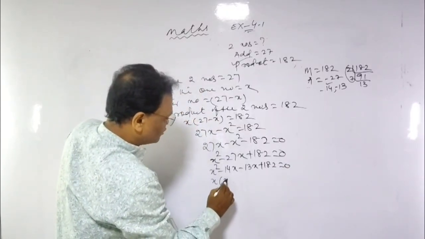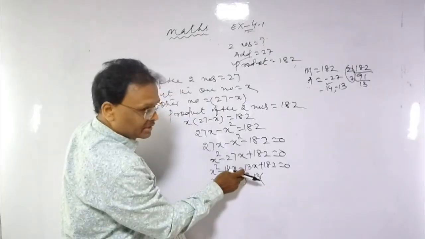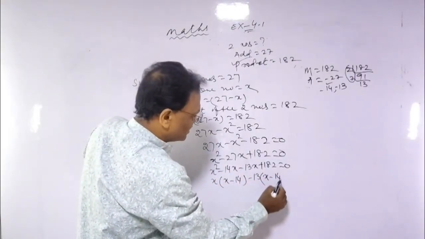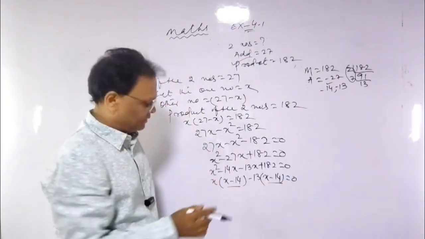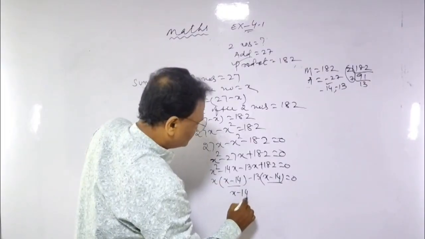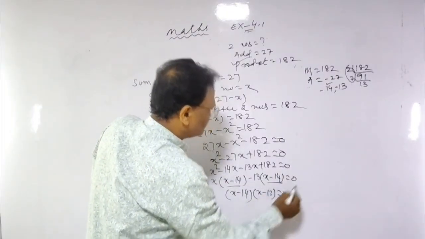Or I can take x common, and here minus 13. This number will always be taken common. ये तो हमेशा एक ही आता. If this is correct, then (x minus 14) into (x minus 13) is equal to 0.